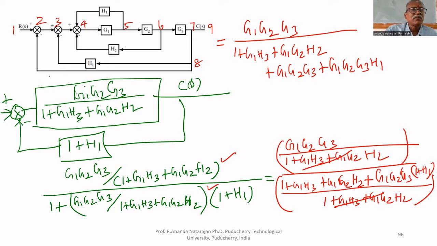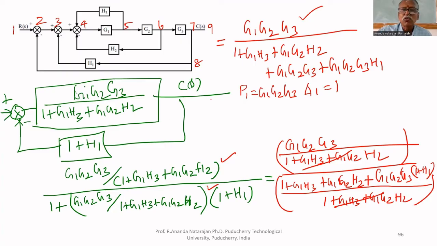Only one forward path. What is the forward path transfer function? G1, G2, G3. Yes, we are getting. Therefore, P1 equal to G1, G2, G3. Delta 1 equal to 1 because no part of the graph is not touching the forward path. Let us assume the block diagram itself as a signal flow graph.